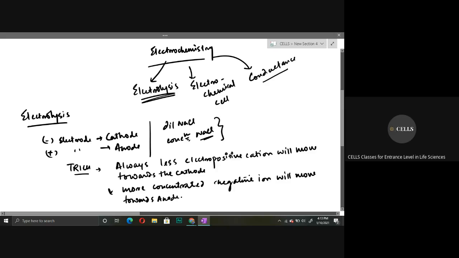So suppose this is the cathode and this is the anode.